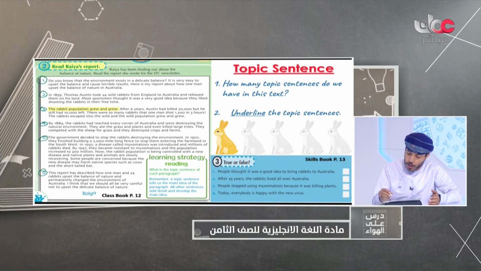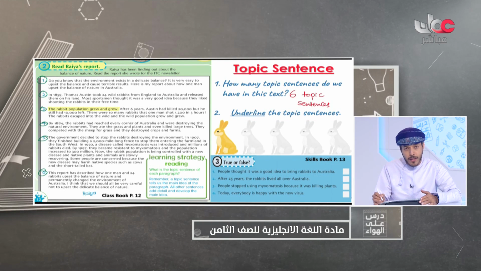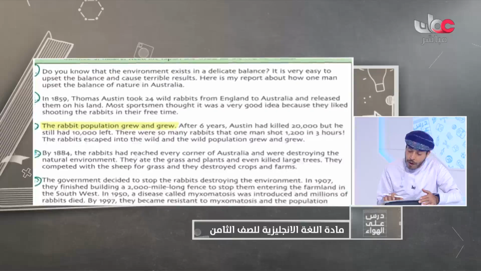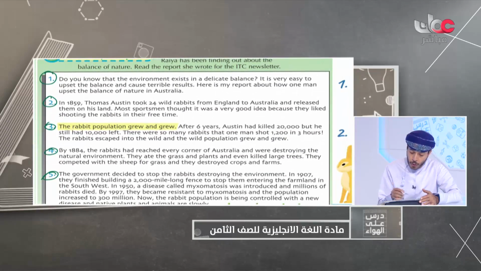We have 6 topic sentences. Okay, and then look at the second question, which is about underlining the topic sentences. Underline them, like put a line under the sentence or shade them. Okay, so I will shade them for you guys. And I'm sure you can shade them yourself.